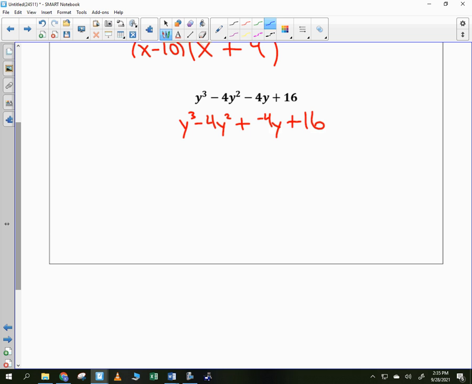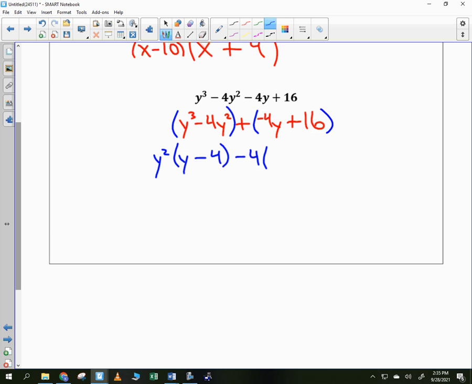Now I have an addition sign. I could go ahead and put parentheses here and parentheses there. What is the common factor among y cubed and negative 4y squared? Take out y squared, and you're left with y minus 4. What can you take out of negative 4y and positive 16? Negative 4.